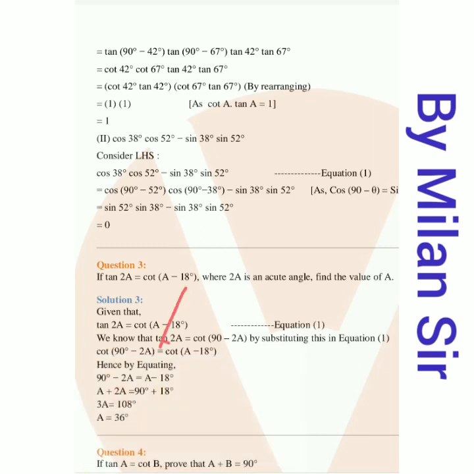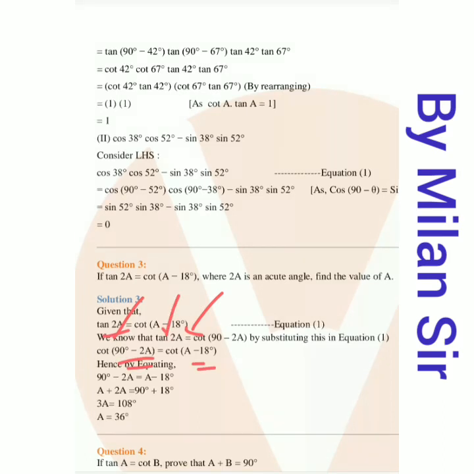Cot 90 minus 2a is equals to cot a minus 18. Now both sides cot is there, equality sign is there, right? So the angles must be the same. If angles are same, then the answers are same. So if we want the same answer from both sides, then our angle must be same, because both sides cot function is there, right? So our angles are same.